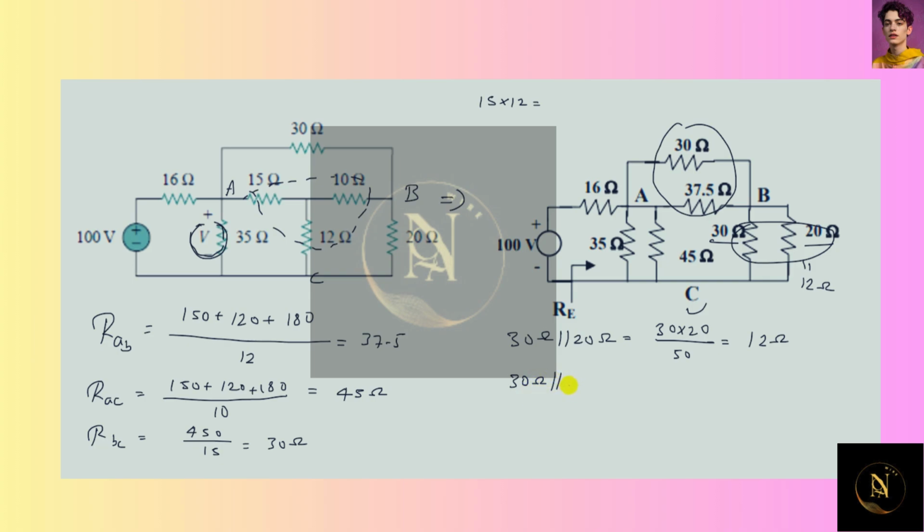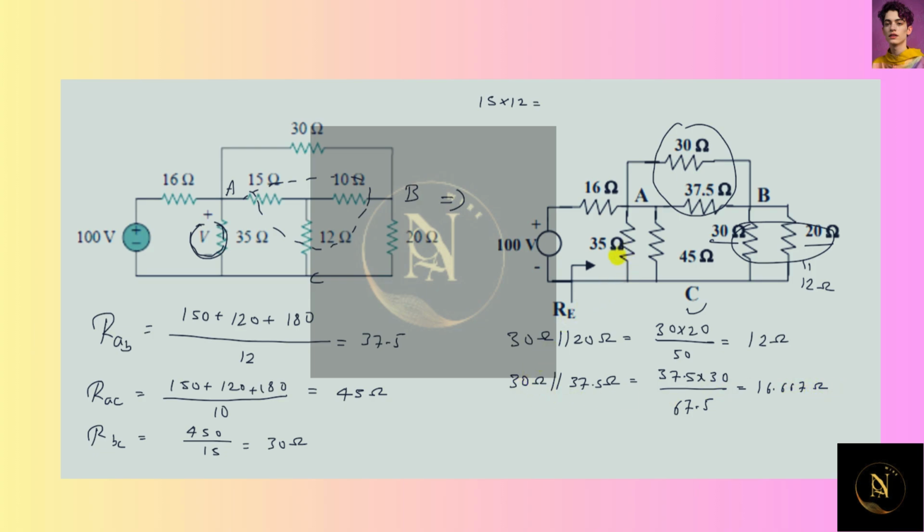30 ohm parallel with 37.5 ohm, which is 37.5 multiplied with 30 divided with 30 plus 37.5, which is 67.5, equal to 16.667 ohm.